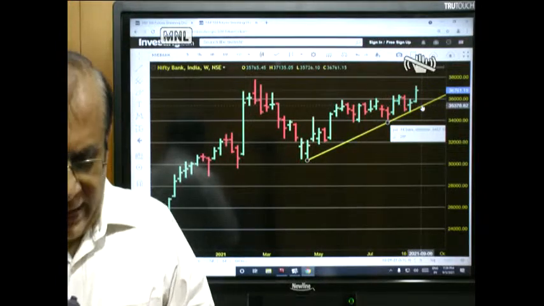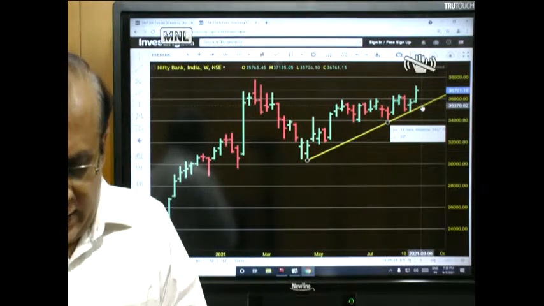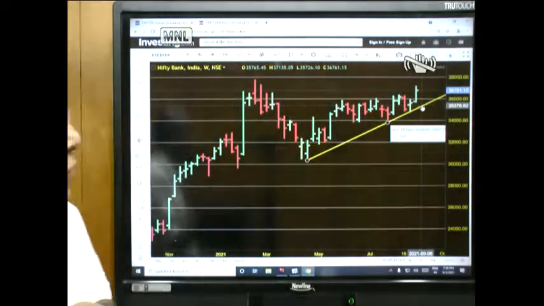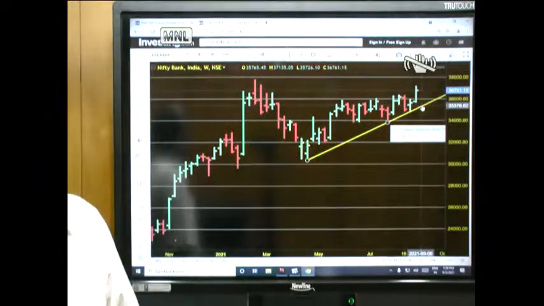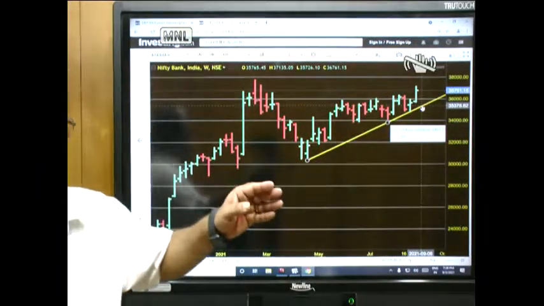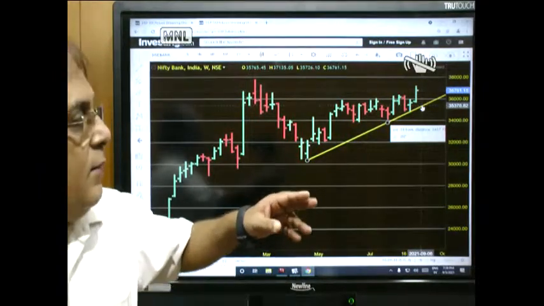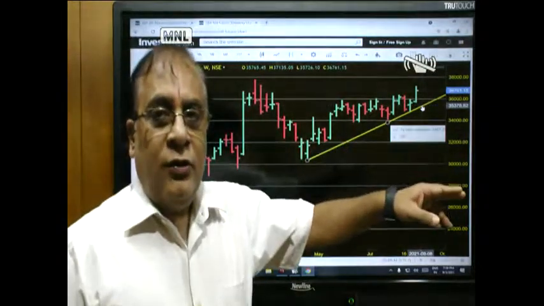If the Bank Nifty falls to 35,500, it is important that you look towards taking some support there. That is, try to buy somewhere closer to 35,500.